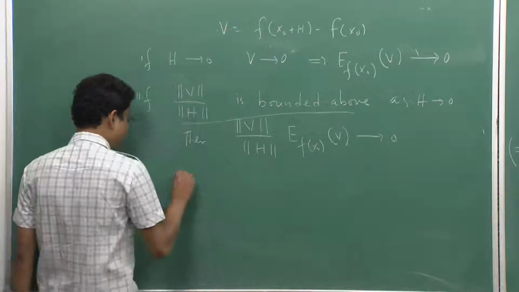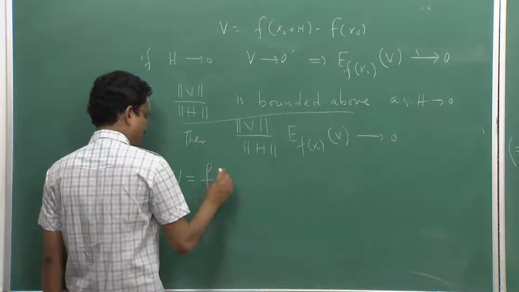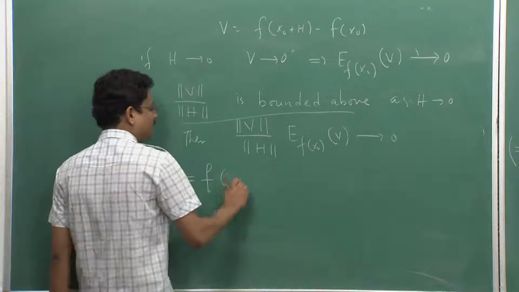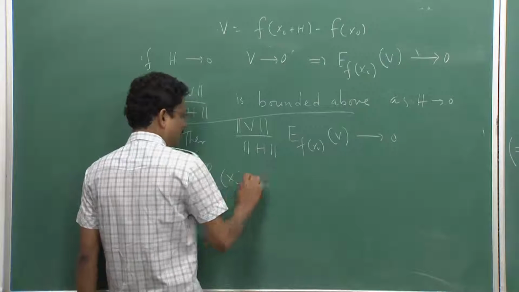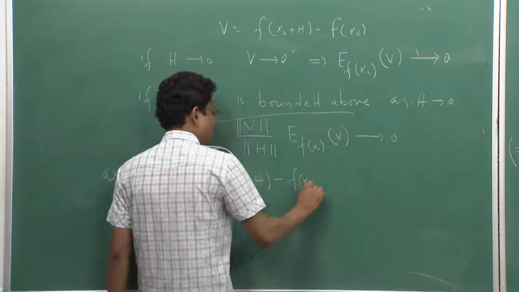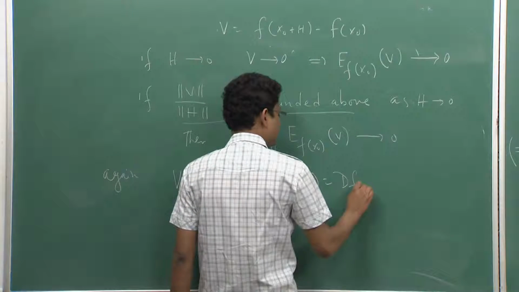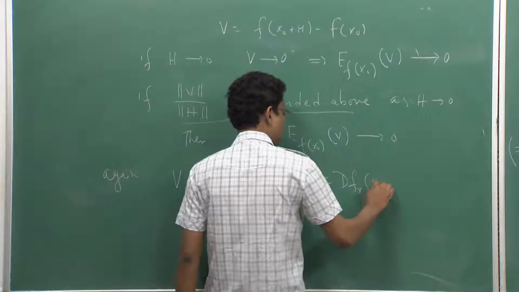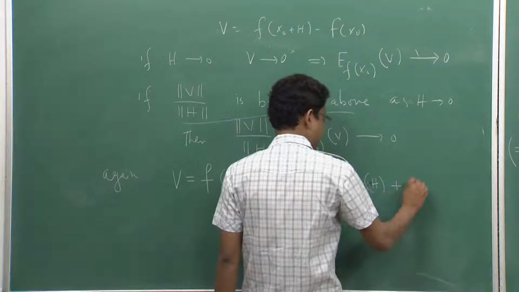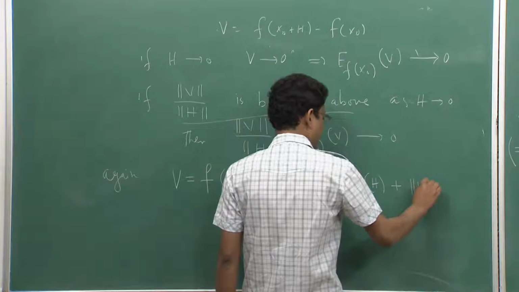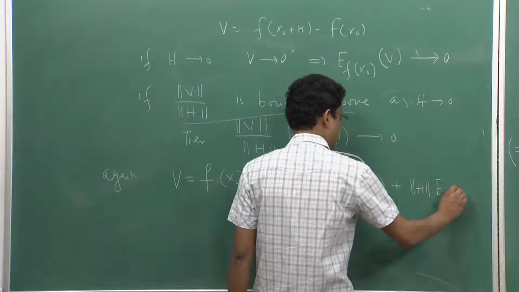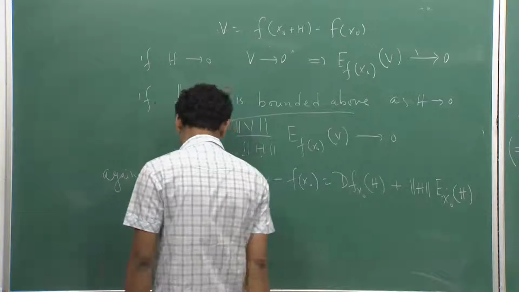But what is V? Again, V is f of x naught plus h minus f of x naught, which is df x naught h plus norm h E x naught h.